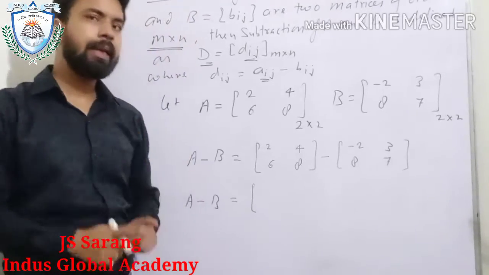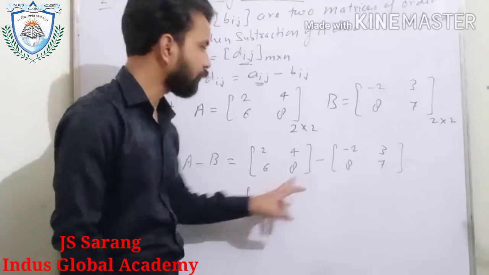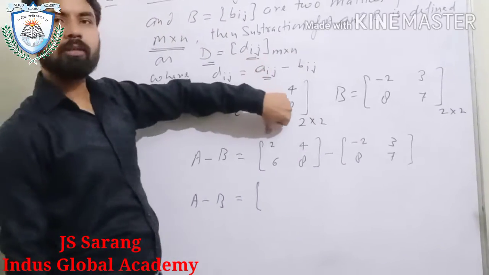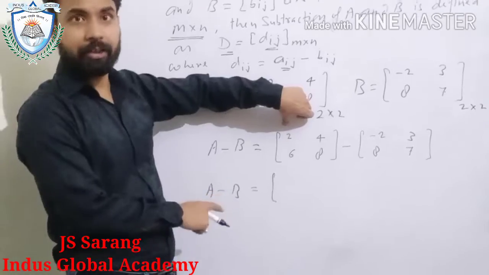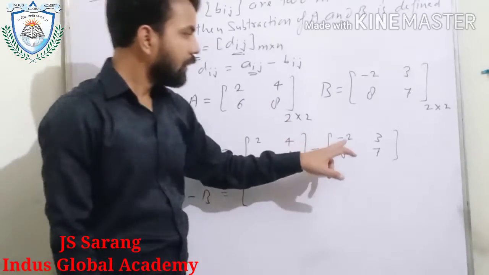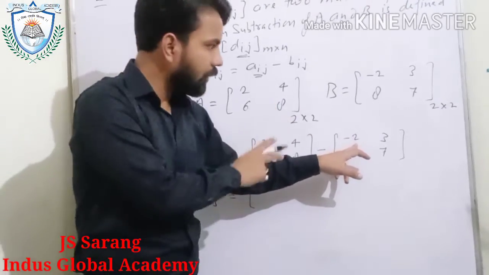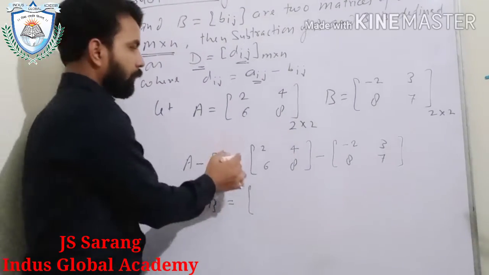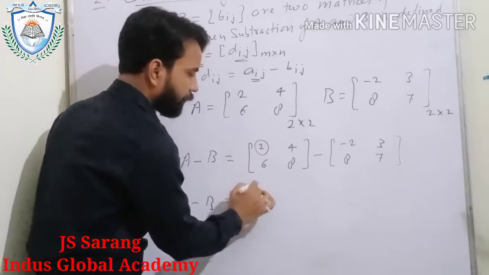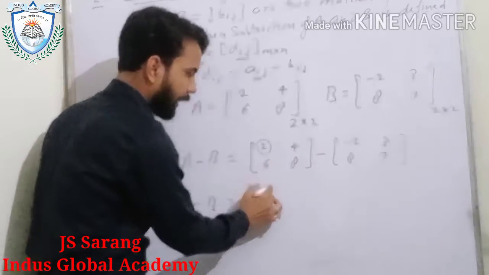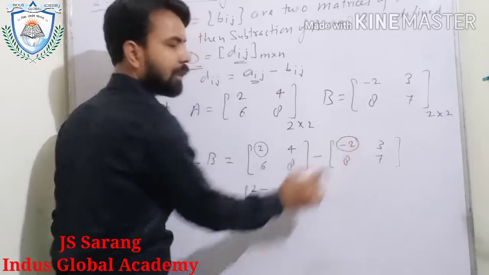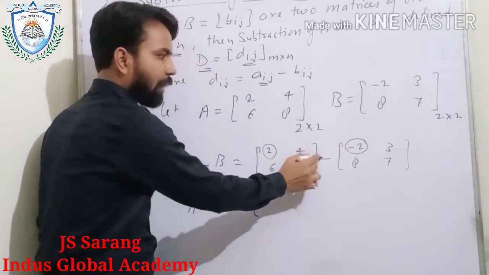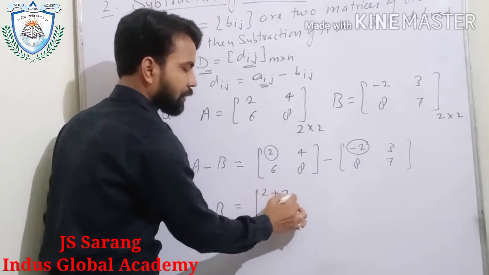Now we will subtract the corresponding elements of both the brackets: the first element of the first row of the first matrix and the first element of the first row of the second matrix. So the first element is 2, minus, and the first element of the second bracket is -2. Since minus is here and this element is -2, this minus and minus will be +2.